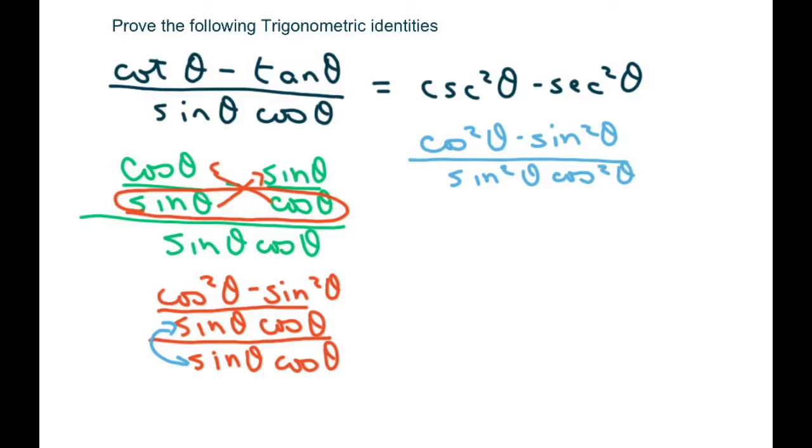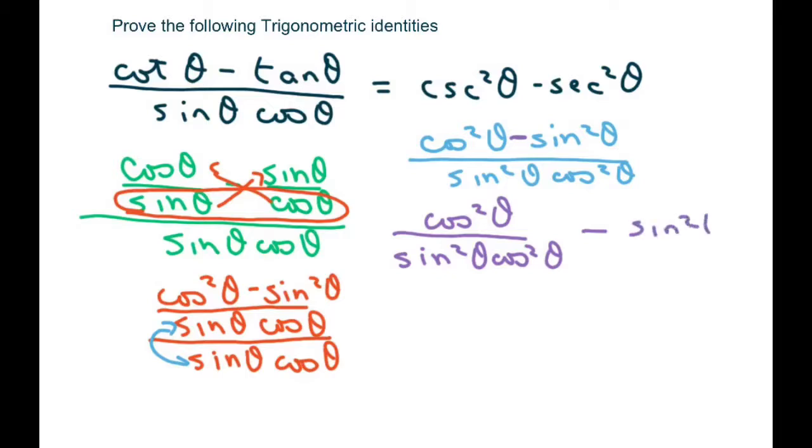I'm going to break this up because I have a minus sign here. So I'm going to write it as cosine squared of theta over sine squared of theta times cosine squared of theta, minus sine squared of theta over sine squared of theta times cosine squared of theta.